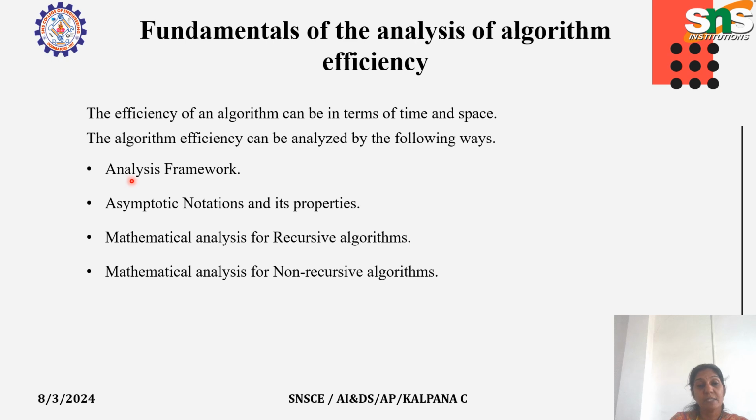The first one is the analysis framework, which is important. The second is asymptotic notation and its properties, then mathematical analysis for recursive algorithms, and mathematical analysis for non-recursive algorithms. These four ways are very important for analyzing algorithm efficiency. We'll see them one by one.